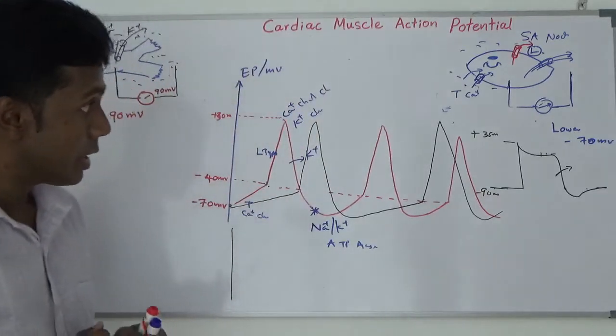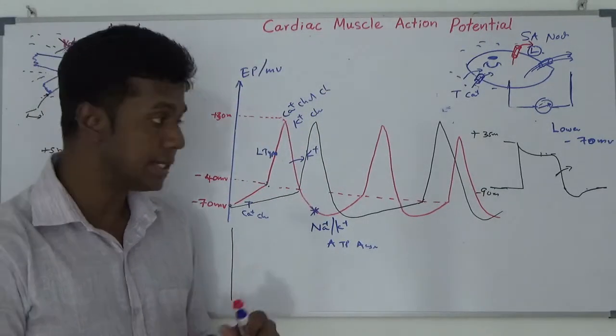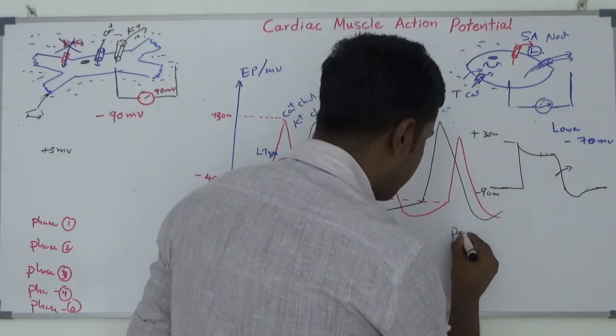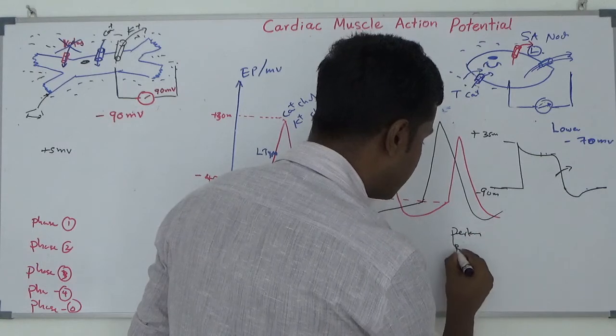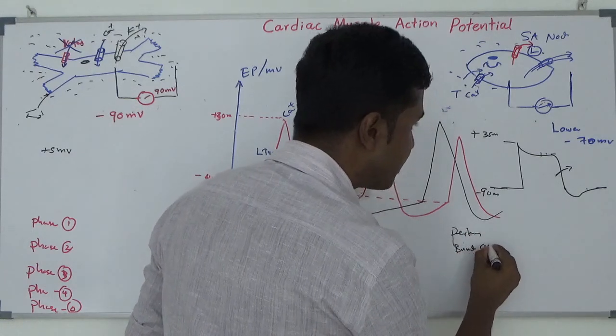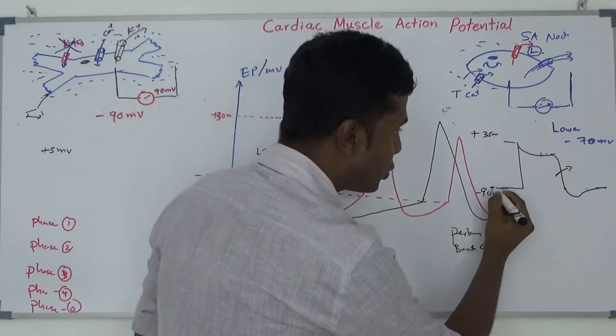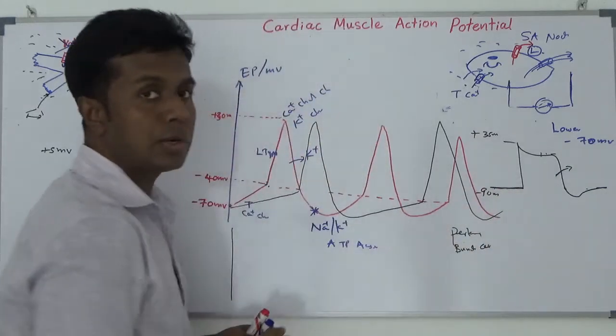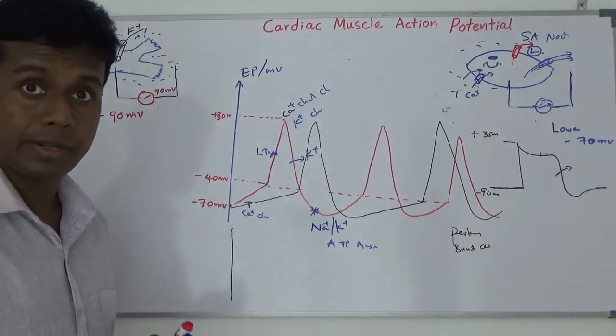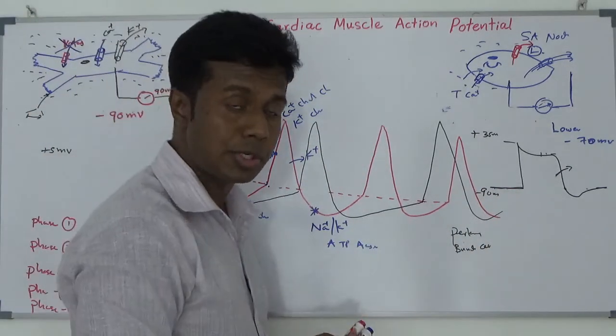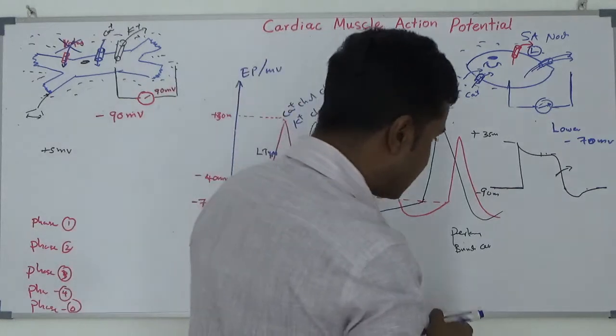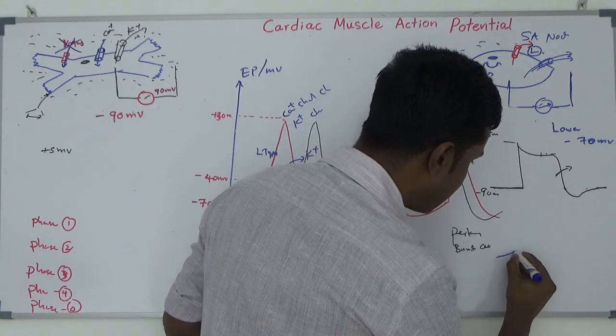When coming to your Purkinje system and bundle of His cells, the baseline is not kept constant; from time to time it is a little elevated.